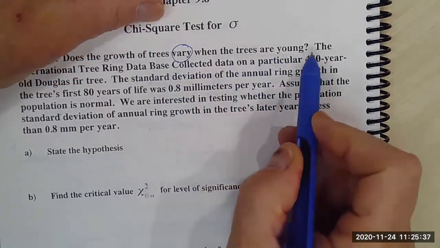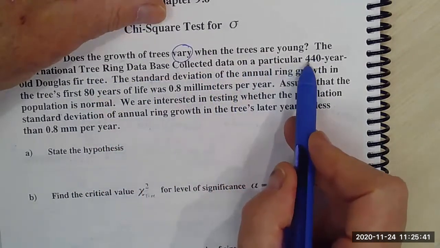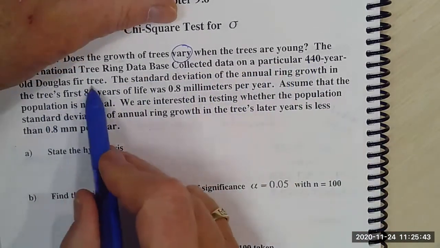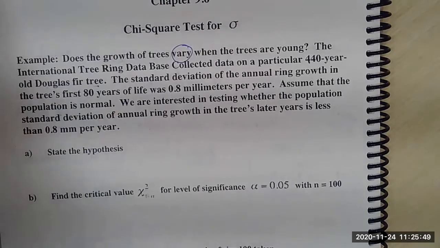Okay, so vary when the tree is young. The International Tree Ring Database collected data on a particular 400-year-old Douglas fir. Anybody been to, I think they still have it outside, Mead Clark Lumber in Santa Rosa? Okay, good. So Peyton's saying yeah.